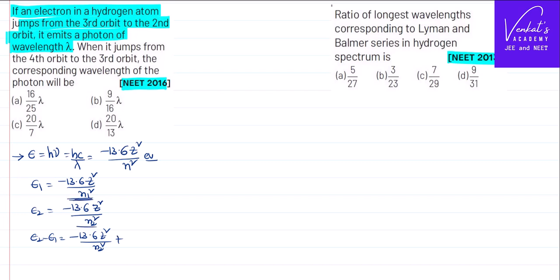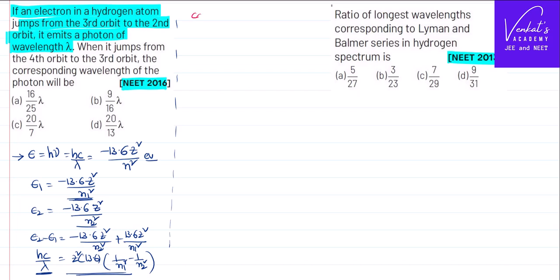There is another minus, so minus of minus becomes plus 13.6 Z square by n1 square. So Z square and of course 13.6 times 1 by n1 square minus 1 by n2 square is the standard formula for the energy emitted, that is hc by lambda. That's the respective wavelength of the photon. This is the concept or the formula that we are going to use while solving this problem.